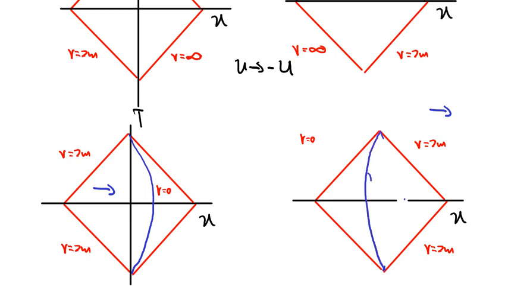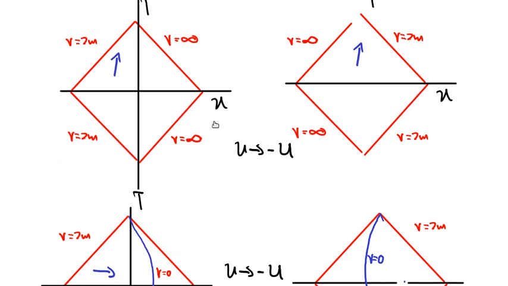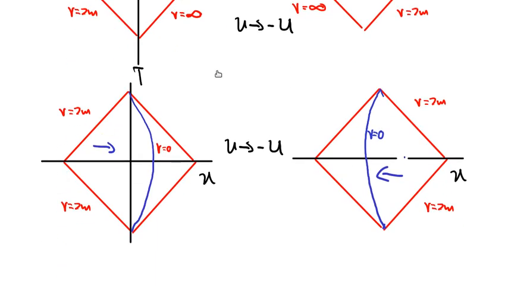So this is r equal to 0, and now time orientation goes in the opposite direction after doing the reflection. So this is what we get after doing this same transformation, right? Okay, so in the end we have ended up with not 2 but 4 independent diagrams.